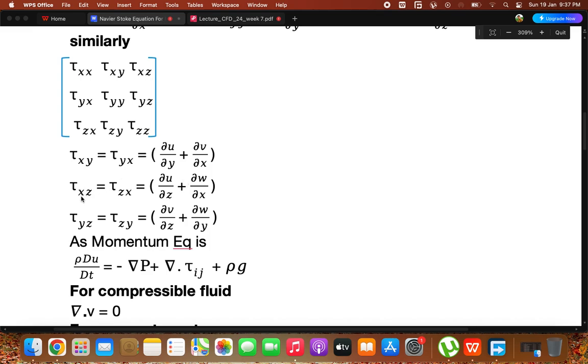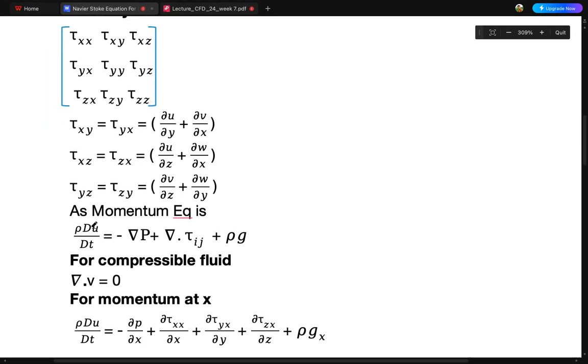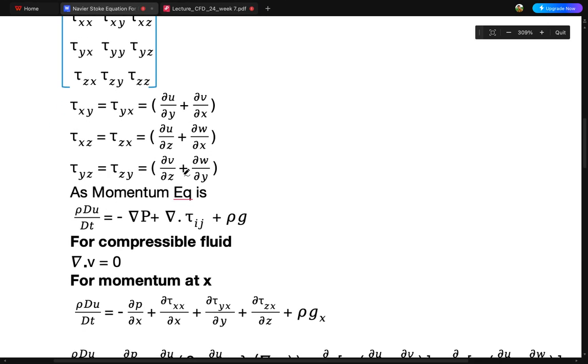Here, for the stress tensor, for the x velocity component u, partial u upon partial z, plus for the z velocity component w, partial w upon partial x. Similarly, for the velocity component y, v, partial v upon partial z, plus the velocity component z, w, partial w upon partial z.